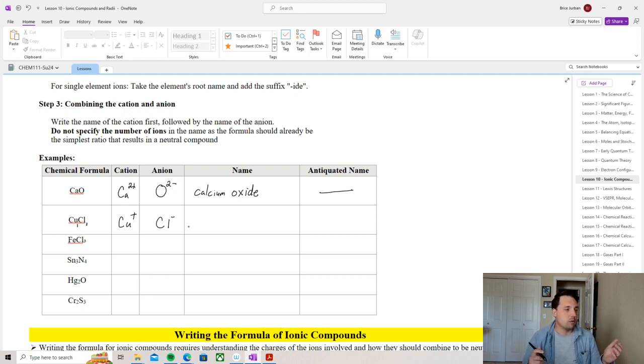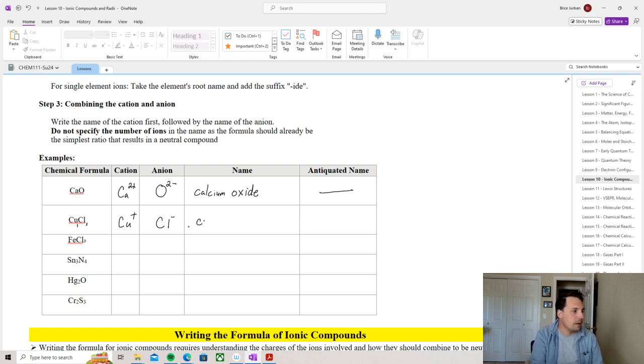An easier way to look at this one is just to say, well, if chlorine's -1, we need to have a positive 1 to balance it. The cations and the anions always need to cancel each other out. We have to have a net electrically neutral compound.